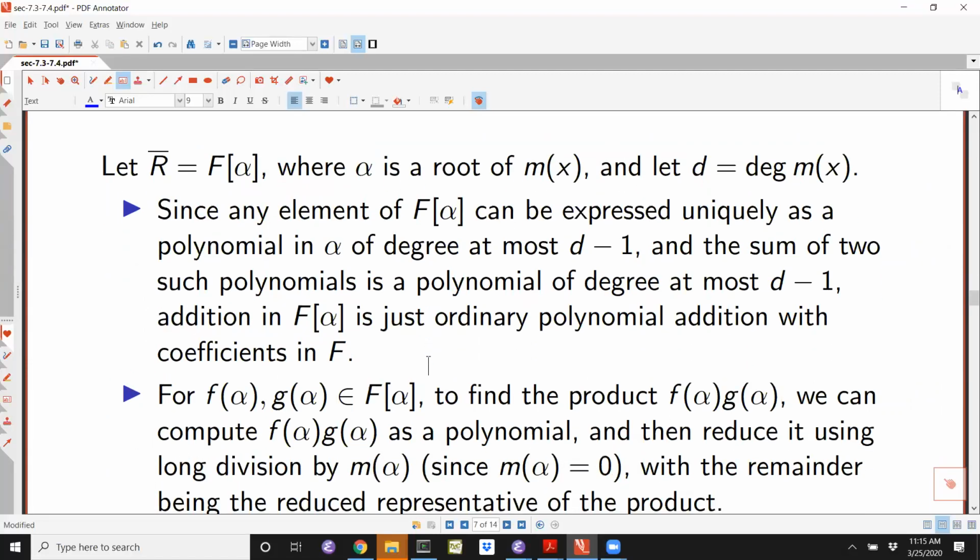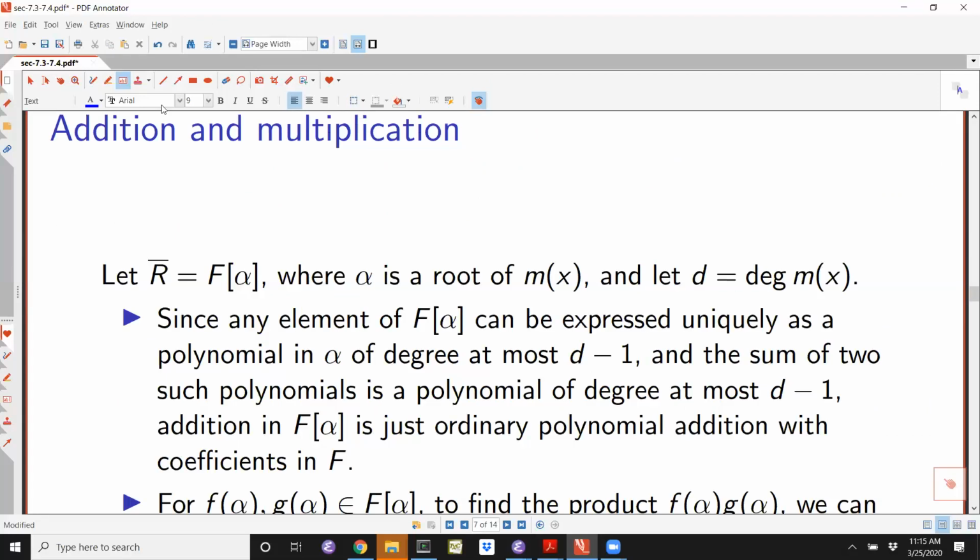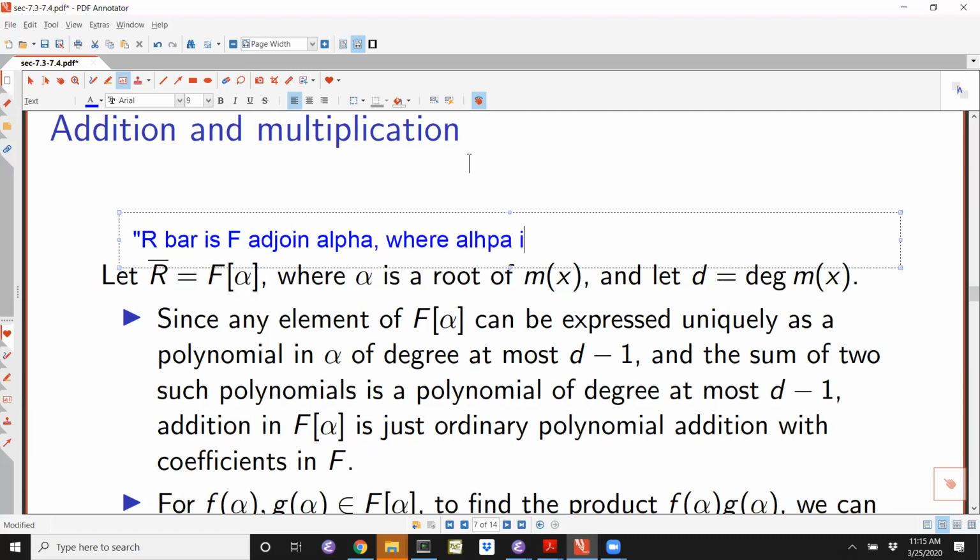So for addition and multiplication, if R bar is F adjoin alpha, where alpha is a root of m of x, see, that flows trippingly off the tongue, right? Let me write out what I actually said: R bar is F adjoin alpha, where alpha is a root of m of x.